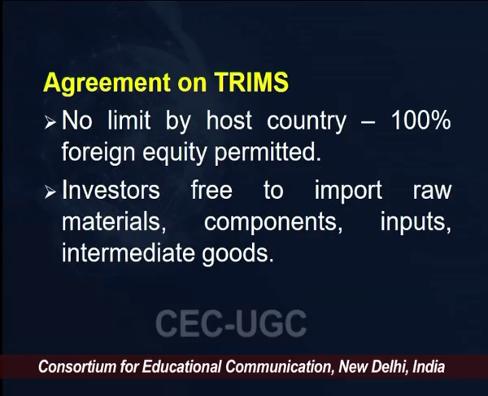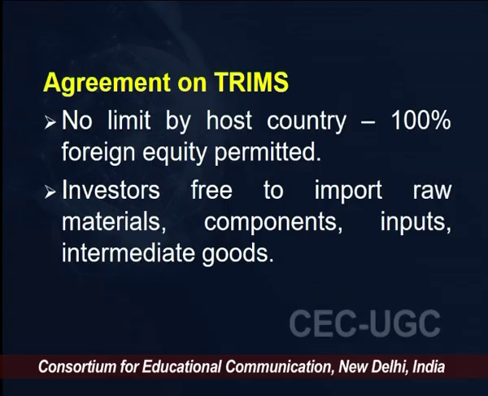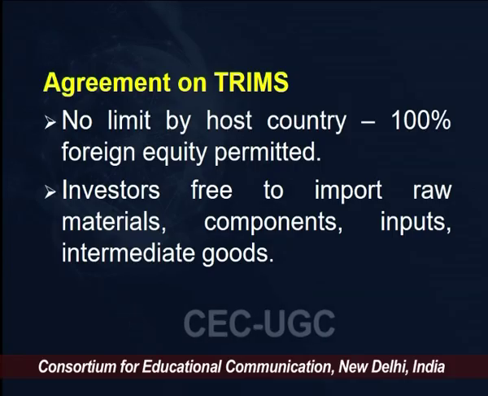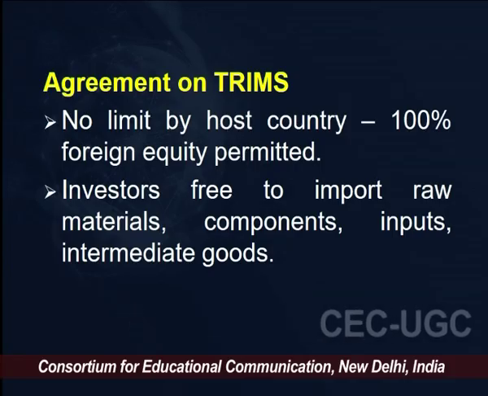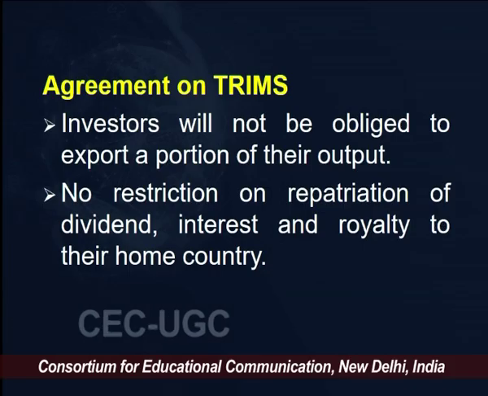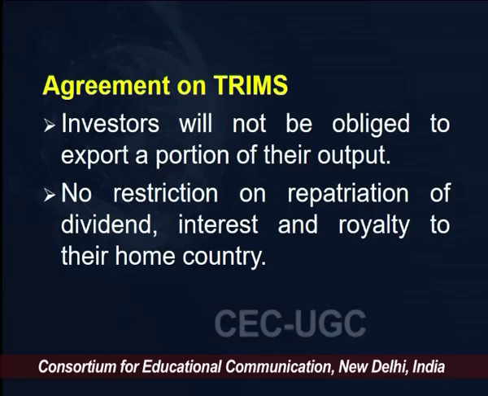Slowly, every member nation is moving towards 100% foreign equity being permitted. Investors are free to import raw materials, components, inputs and intermediate goods. All these agreements are part of TRIMS. Investors will not be obliged to export a portion of their output.